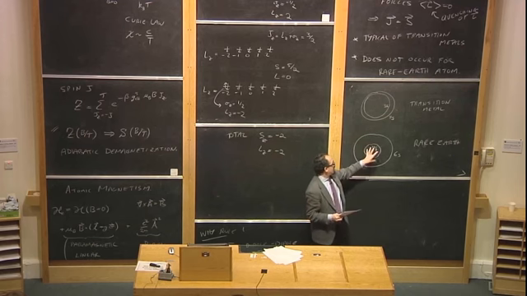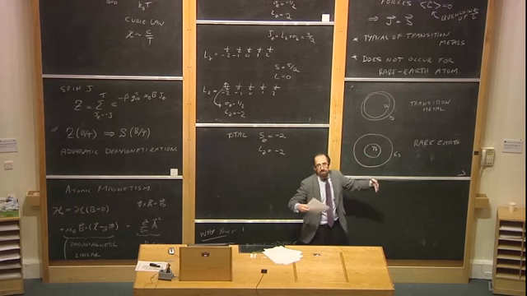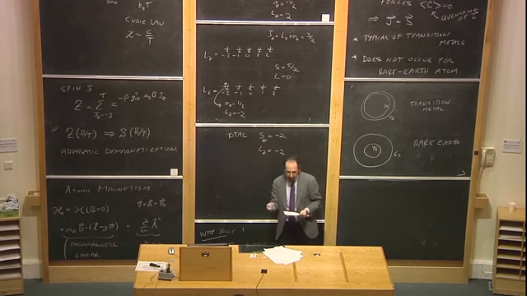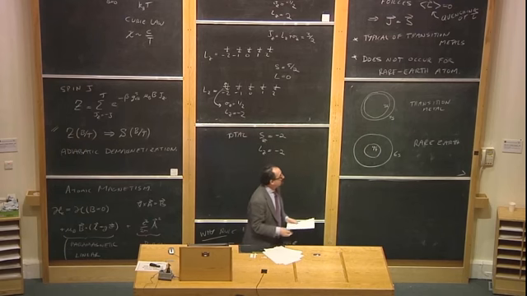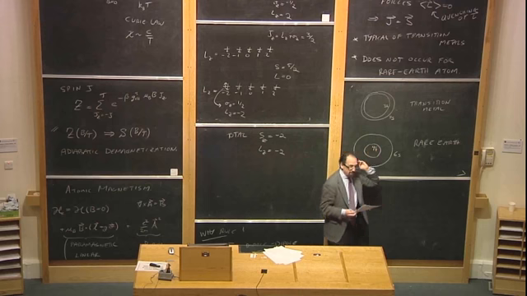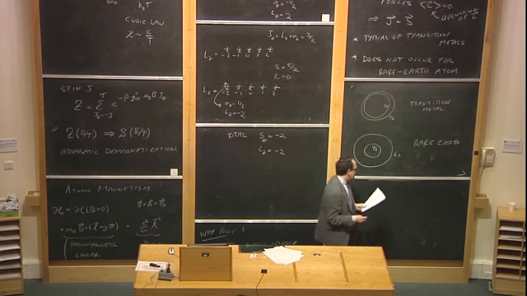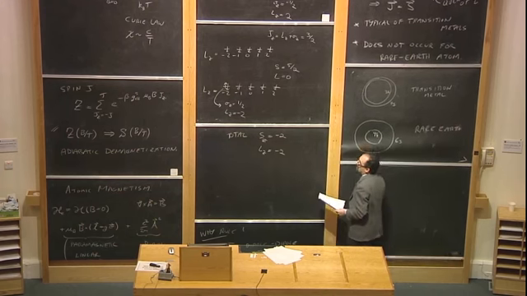So basically, the partially filled shell doesn't even see the environment because it's so shielded from the environment by the larger orbitals in the atom. So this more or less explains why it is that the rare earths don't have quenching of angular momentum, whereas the transition metals do.